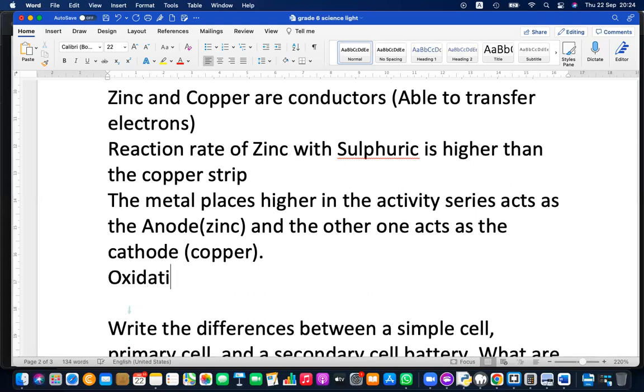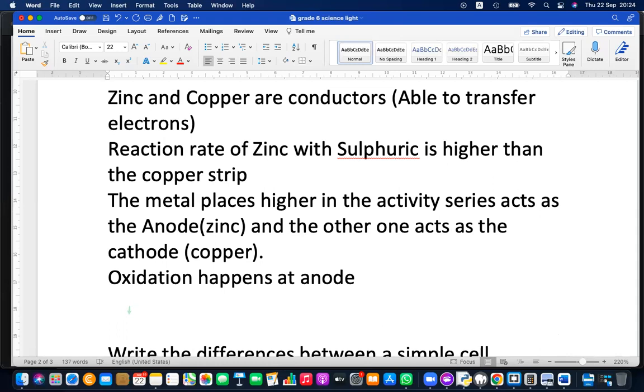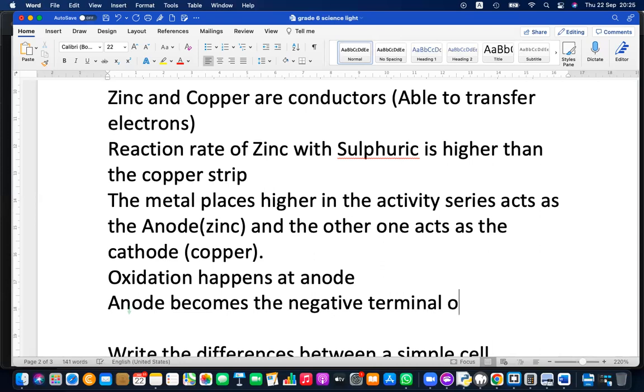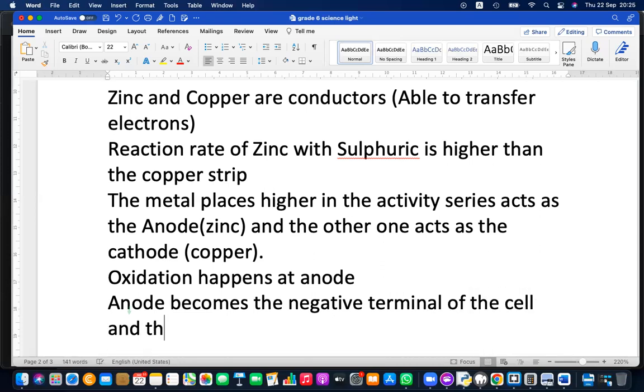Oxidation happens at anode. That is why the electrons are coming out, right? Oxidation happens at anode. That is where the anode becomes the negative terminal of the cell, and cathode becomes the positive.